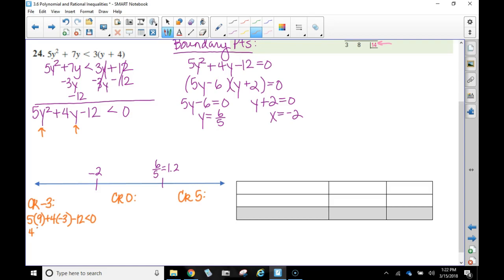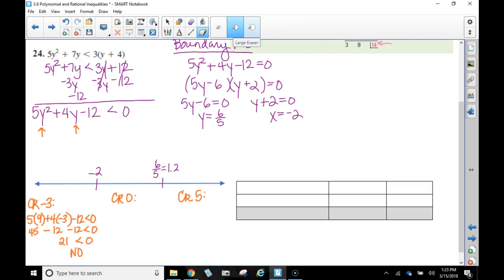So I've got 45 minus 12 more. And y'all, 45 minus 24 is only like a positive 21 or something like that. And is that less than 0? No, 21 is bigger than 0.